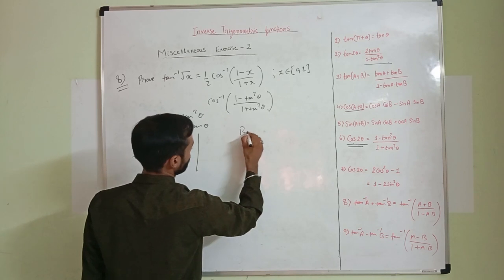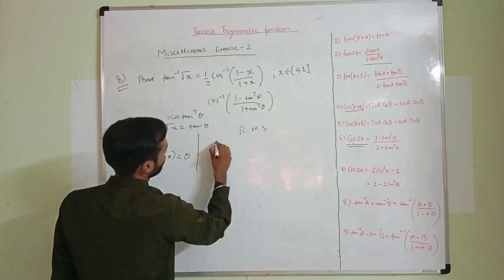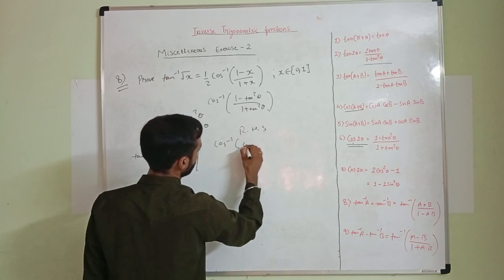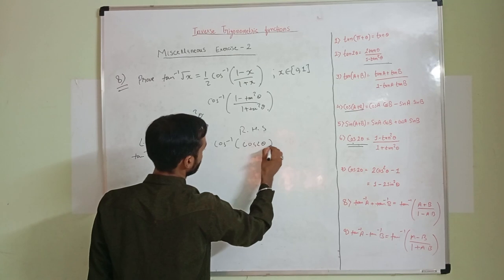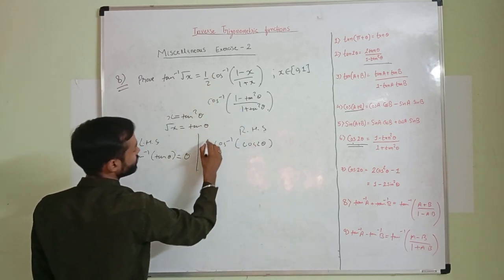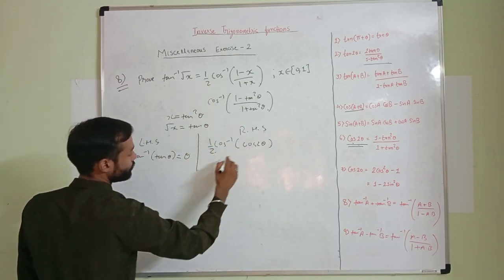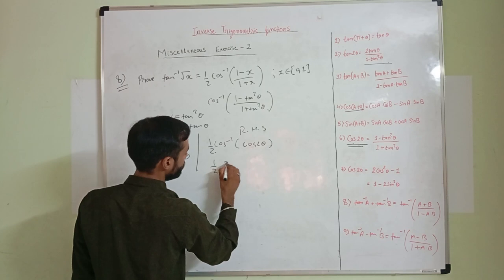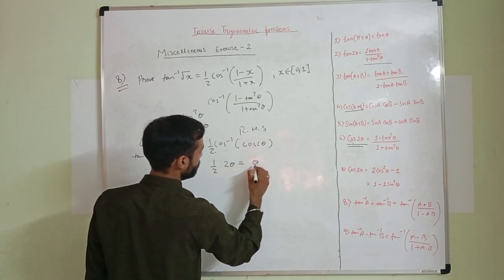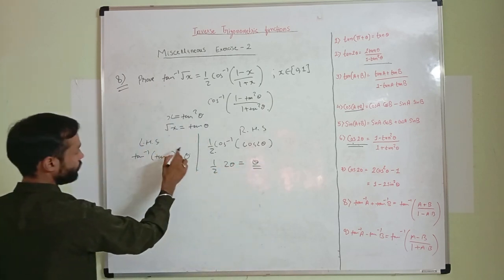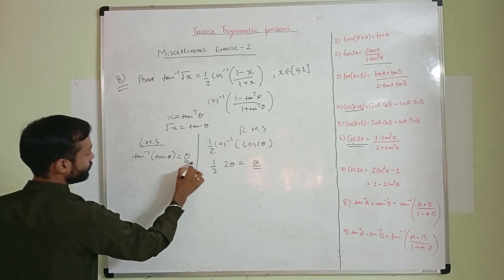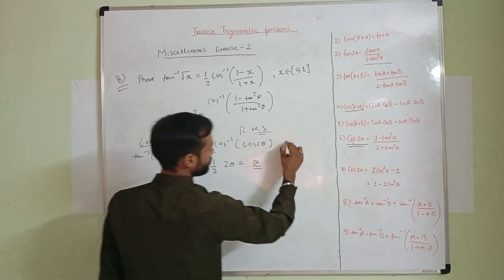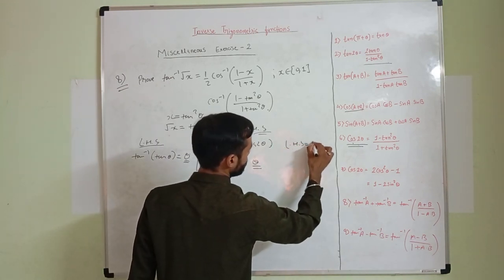For the right hand side, cos inverse of (1 minus tan square theta) upon (1 plus tan square theta) will be cos 2 theta. Here 1 half cos inverse is given, so 1 half of cos inverse of cos 2 theta will be 2 theta, hence here theta. So our left hand side is equal to theta and right hand side is also equal to theta. So LHS equals RHS.